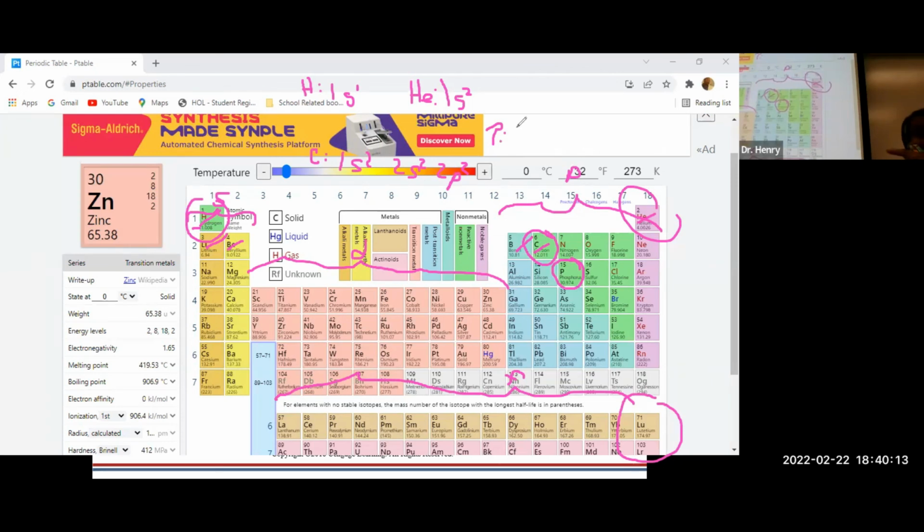S is lower than P, which is lower than D, which is lower than F. So 1s2, that counts for here and here. Then we have 2s2, which is here, here, and then we have 2p6, 1, 2, 3, 4, 5, 6.